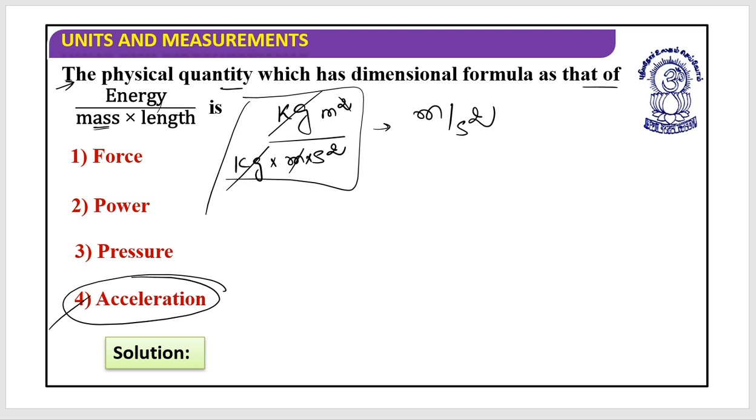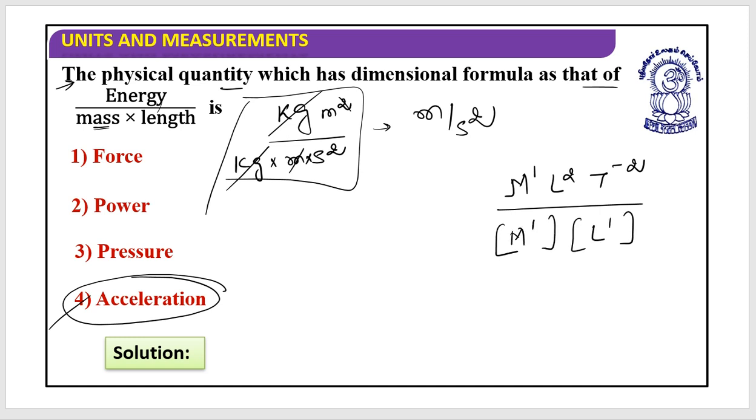Let's say if I write the dimensional formula of energy, it is M1 L2 T minus 2, divided by mass and length. Then I need to solve this, which takes a very high amount of time.